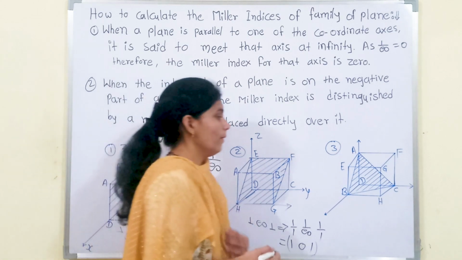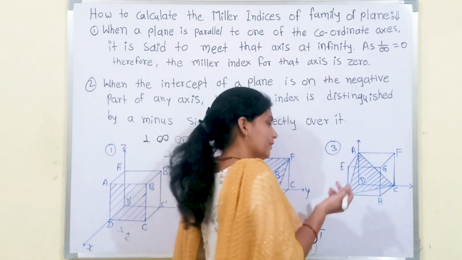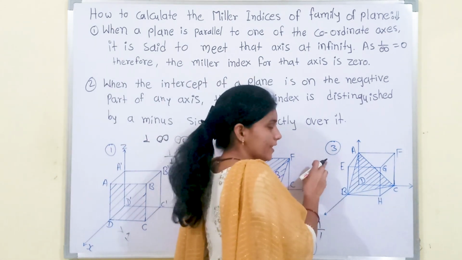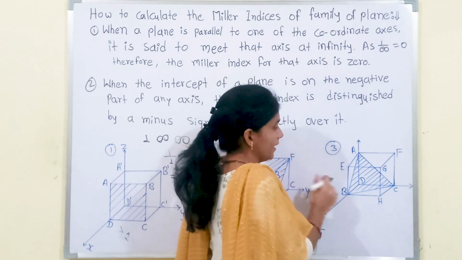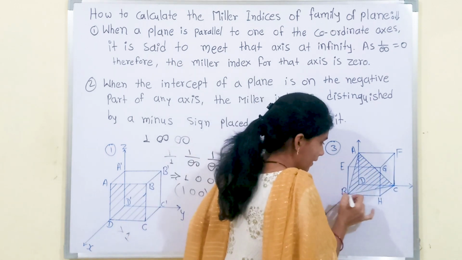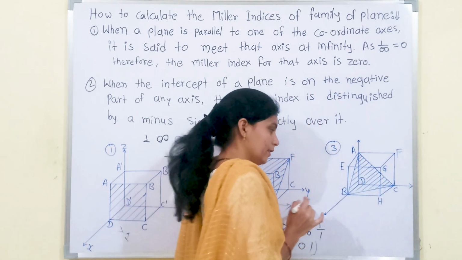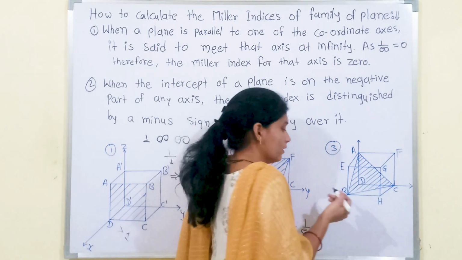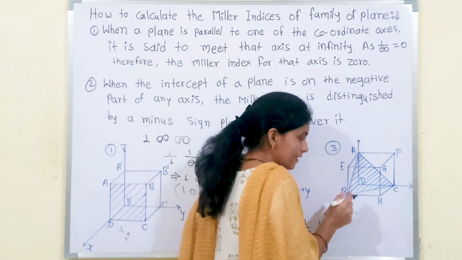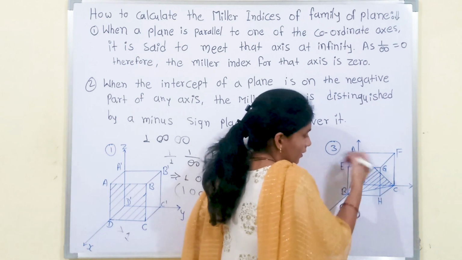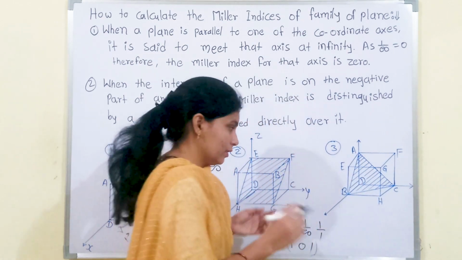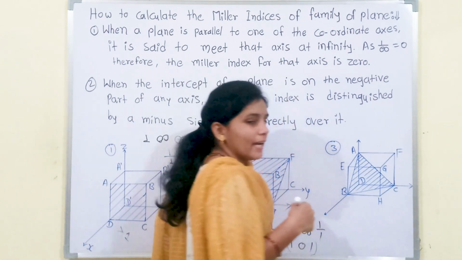Now we will see the third plane, in figure 3, the plane ABC. This is a triangular plane which intercepts all three axes.